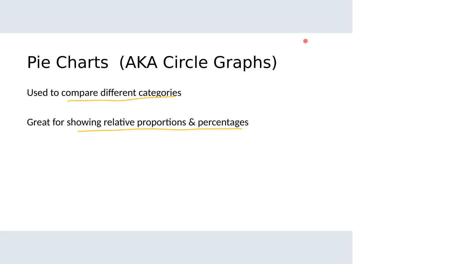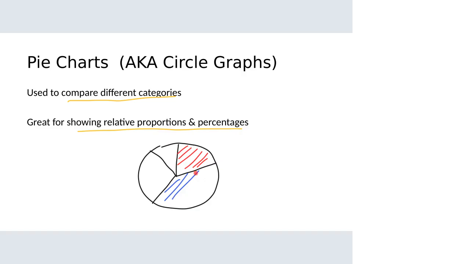Just like bar graphs and line graphs, I imagine you're pretty familiar with a pie chart, where you've got a circle and it's chopped up into different pieces to show different proportions. Whatever the particular categories are, we've got them shaded in certain places.